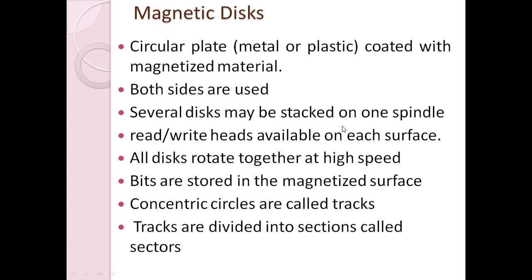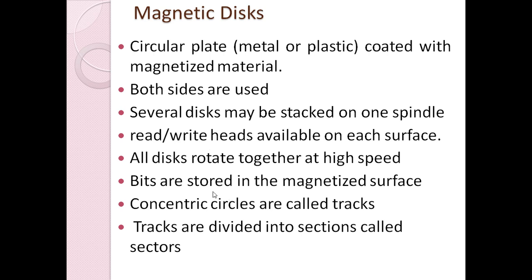Read write heads are available on each surface. All discs rotate together at high speed, so when we want to read or write, the disks rotate at high speed together.